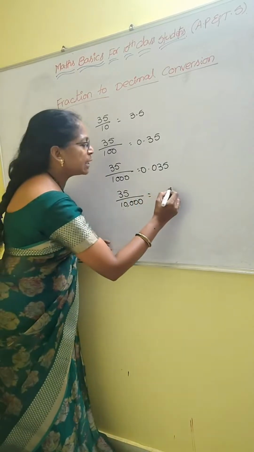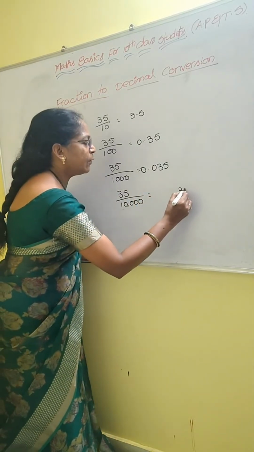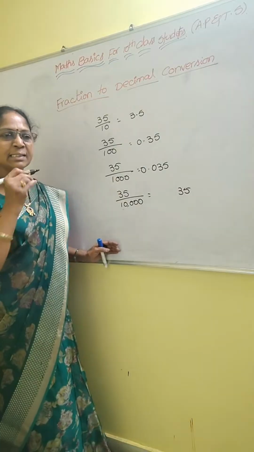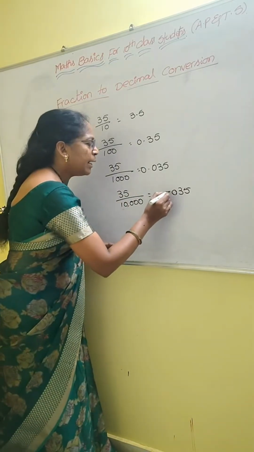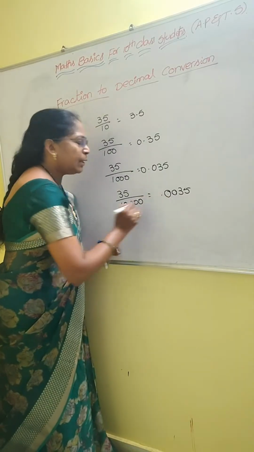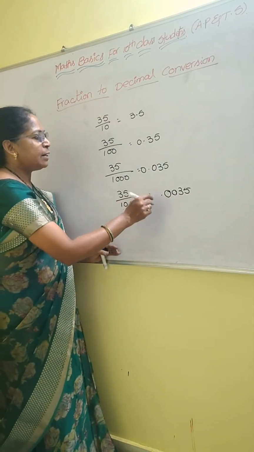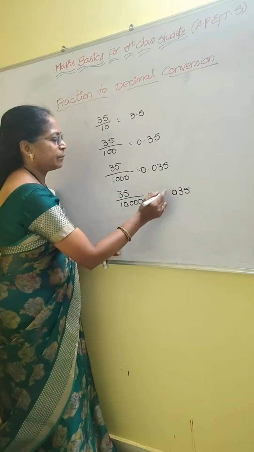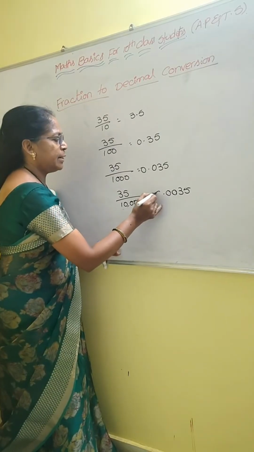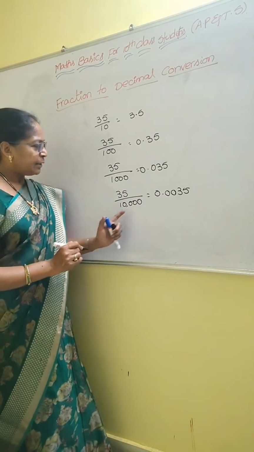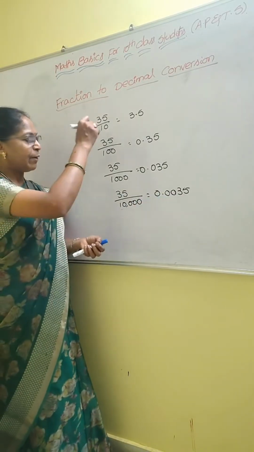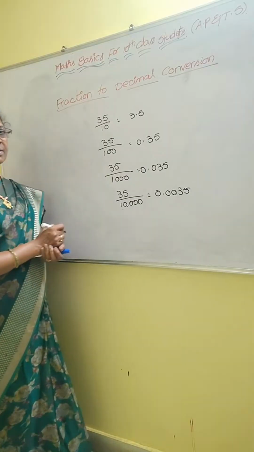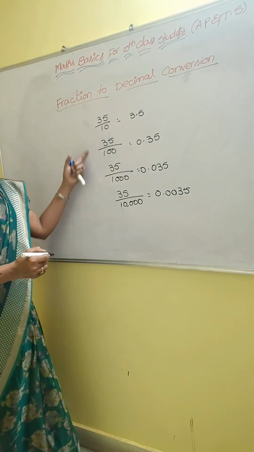Here 2 digits are there, and 2 more digits are required, which are not there. So you have to write zeros, and then keep the decimal point before. That means 0.0035 is the value. Any doubts?